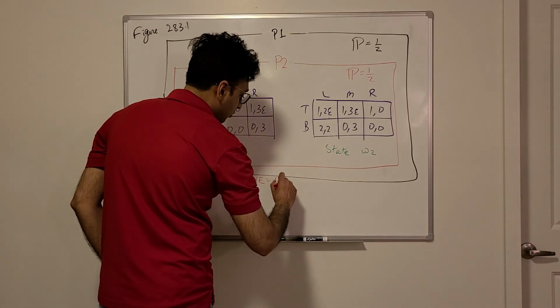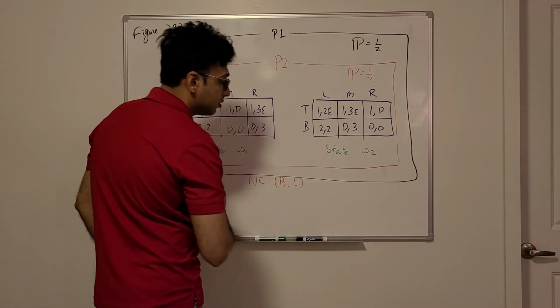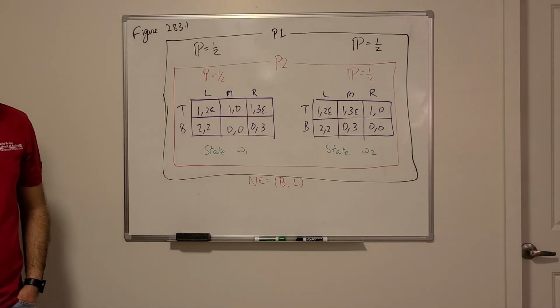So the Nash equilibrium will just be BL, and that is the only Nash equilibrium.